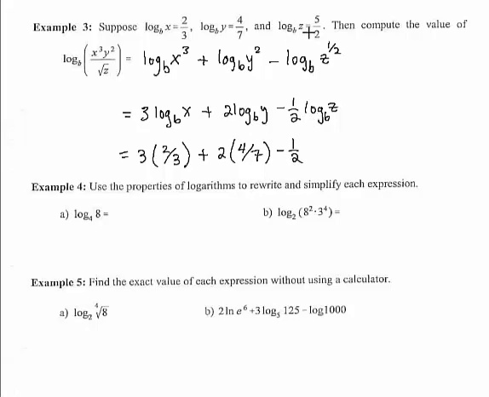And log base b of z, I was told, equals 5/2. So the subtraction on the end could be rewritten as 1/2 times 5/2. Okay, so I can actually calculate a number in this case.